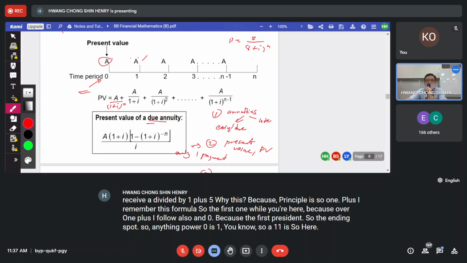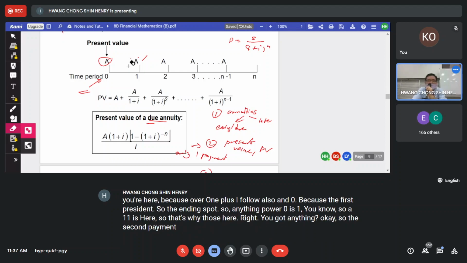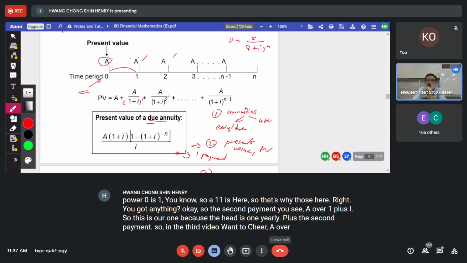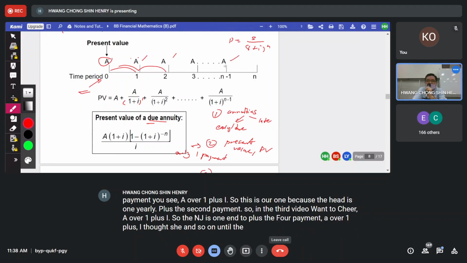So that's why the notes here don't write divide anything. Okay, so the second payment you receive, A over 1 plus I, is power of 1 because your n is 1 year already. Plus the third payment, A over 1 plus I power 2. Plus the fourth payment, A over 1 plus I power 3, and so on until the last one here, A divided by 1 plus I power n minus 1.